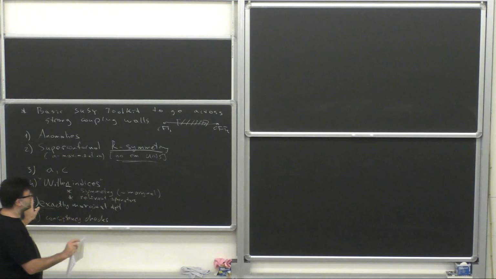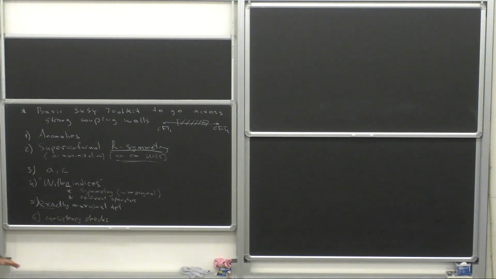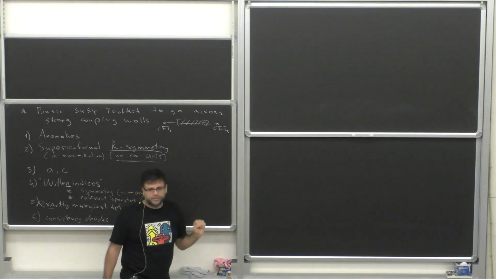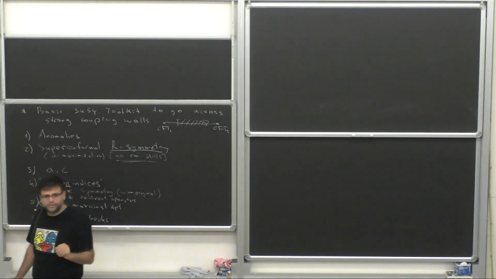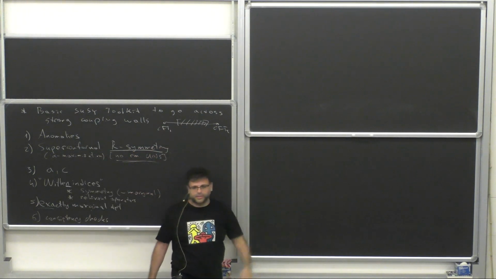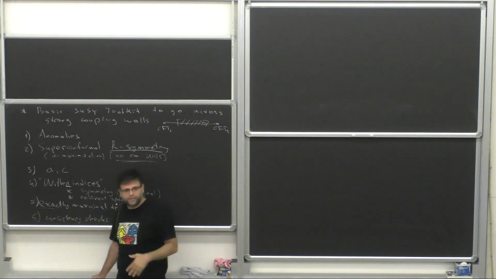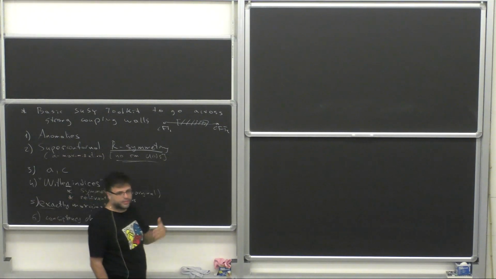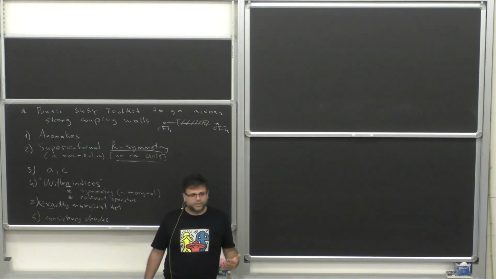Okay, that's it. These are basically the only tools that we have to study supersymmetric conformal field theories, precisely, exactly. Of course, we can do a lot of things. We can start computing correlation functions and try to understand how they behave and so on. But these are hard questions.